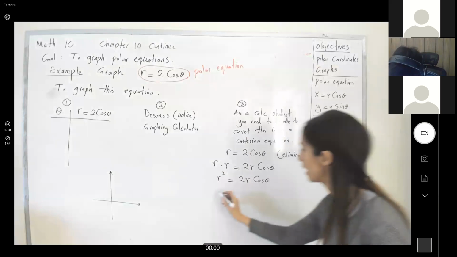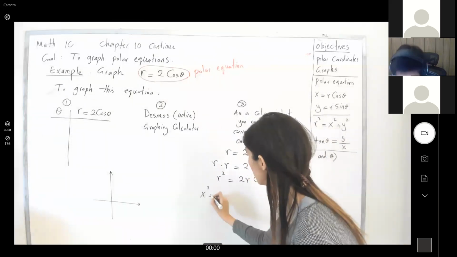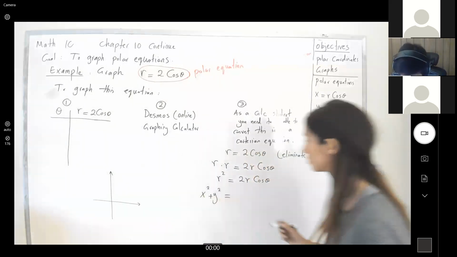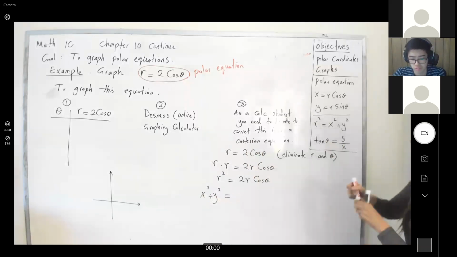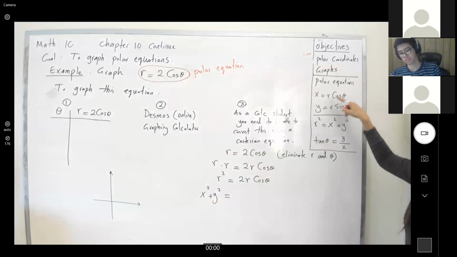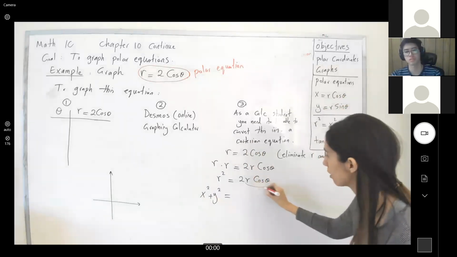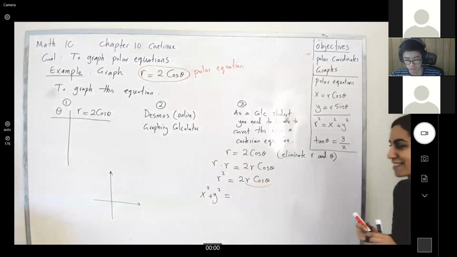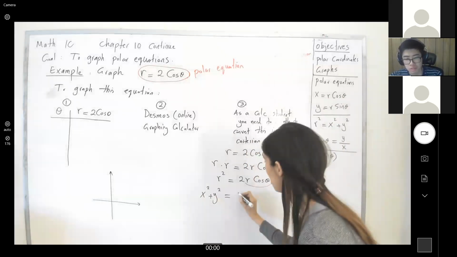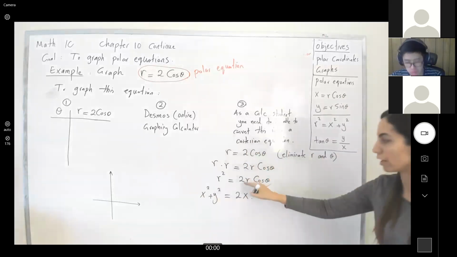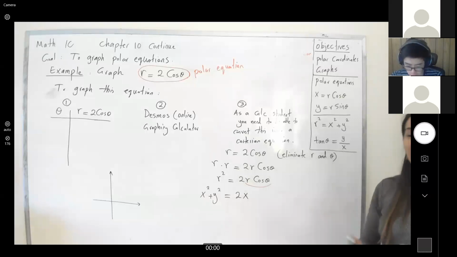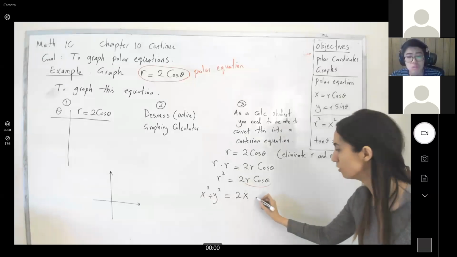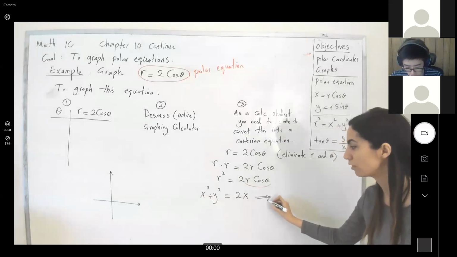So I get x squared plus y squared equals, take a look at this. You have r cosine theta. I already defined r cosine theta to be x. So r cosine theta is just x. I'm lucky here. By multiplying both sides by r, I got rid of all of r and theta in this equation.